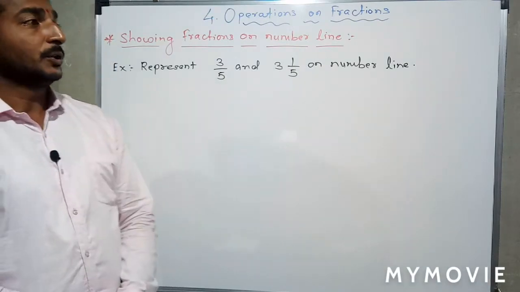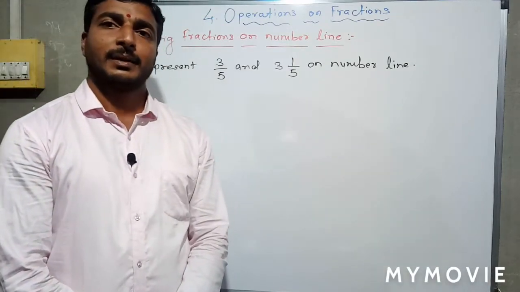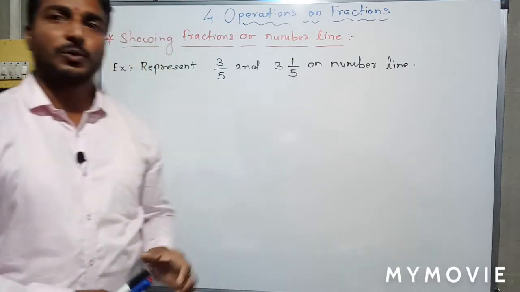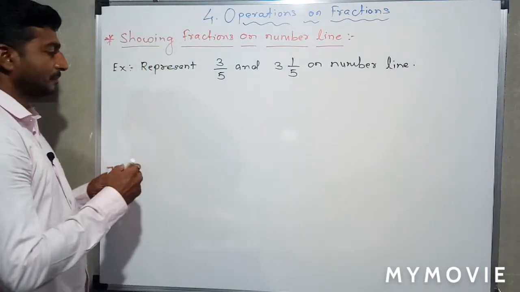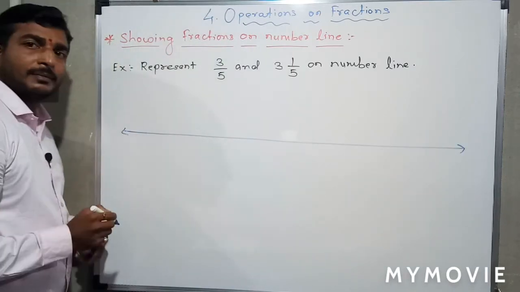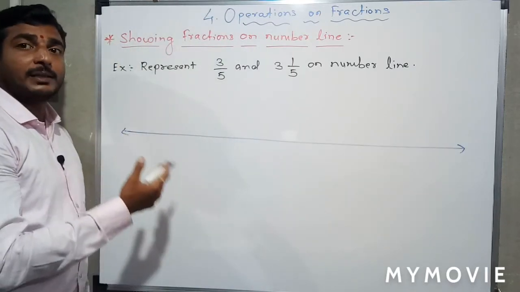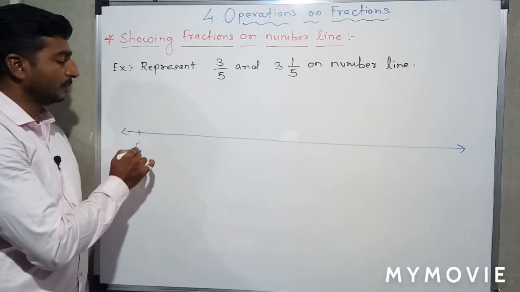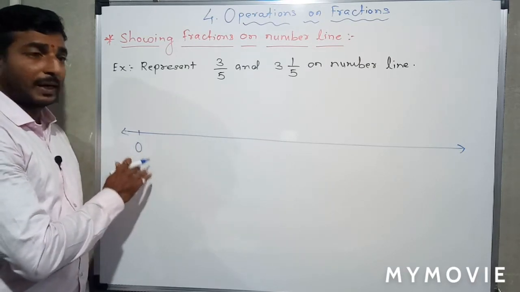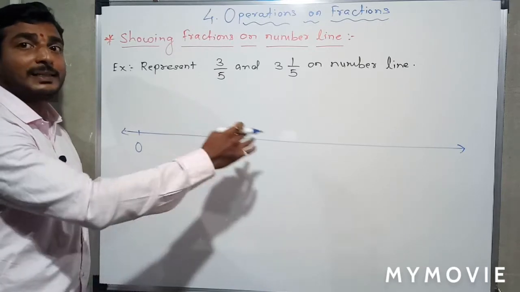So now you know the number line, and in the number line you have to represent the numbers on the line. So you know how is the line. This is the line, and on this line we have to represent the number. When we represent the number, we have to start with 0, and from 0 at unit distance you have to place the numbers.